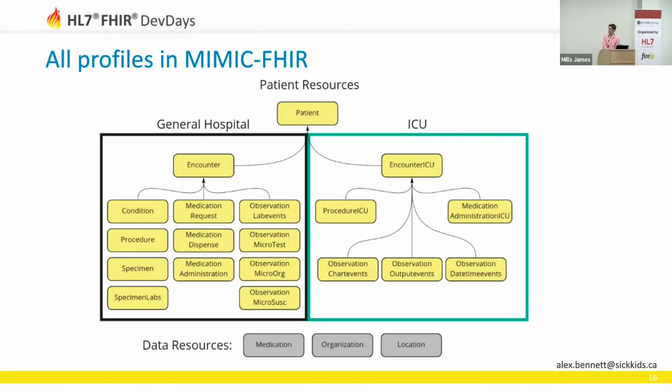And so at this point, we've got a profile view of MIMIC-FHIR, where we've got your patient and your encounters splitting into our general hospital information and then our ICU-specific information. I've shown a profile view just to show you all the information that we've captured, but if you're pulling from observations, there'd be 10 odd profiles pulled in, but they're all still observations at the end of the day.